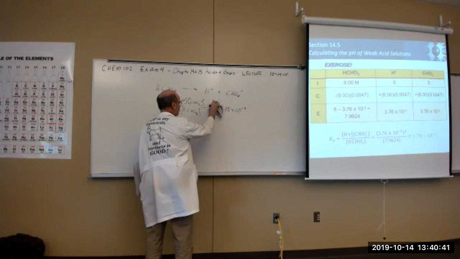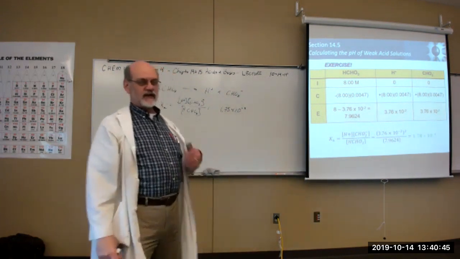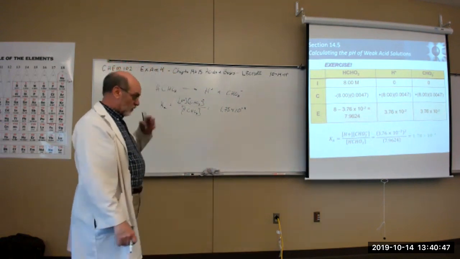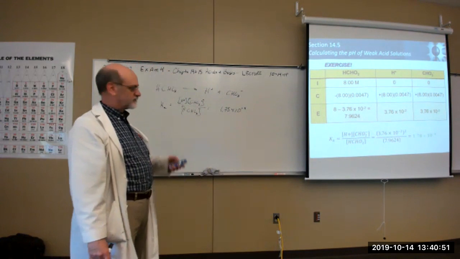Okay? So simply knowing the initial concentration and the percent dissociation, we can calculate a Ka value for that acid.